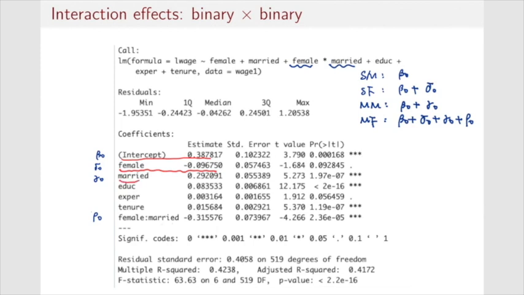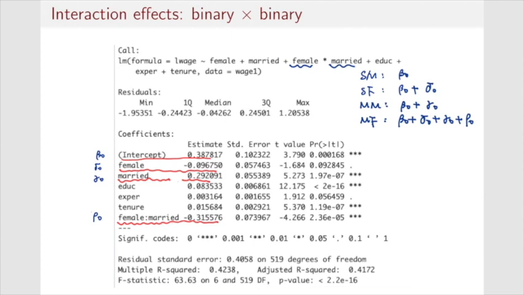Similarly, the coefficient for female is to estimate delta 0. The coefficient for married is to estimate gamma 0. And the coefficient for the interaction term is the estimate of rho 0. Given these coefficients, we have the intercept estimate for each one of the groups.